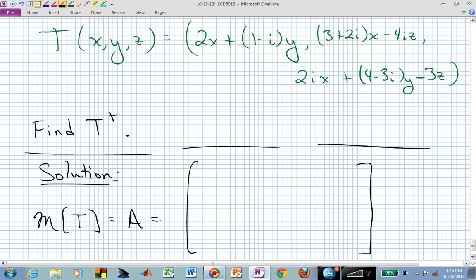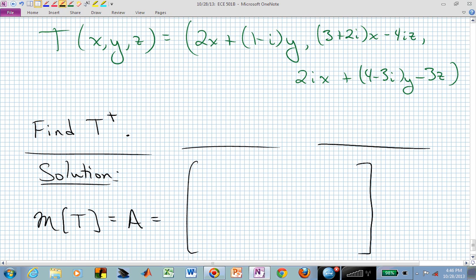And now I'm really concentrating on the first row of this A matrix. What do we have in the first row? I've already told you there's 3 columns in this matrix A. I have 3 entries, which when scaling x, y, z better give me 2x plus (1 minus i)y.